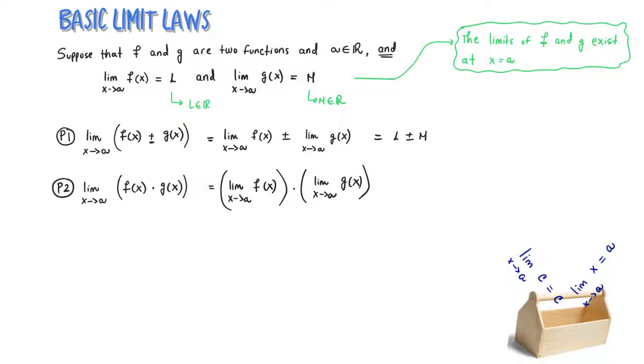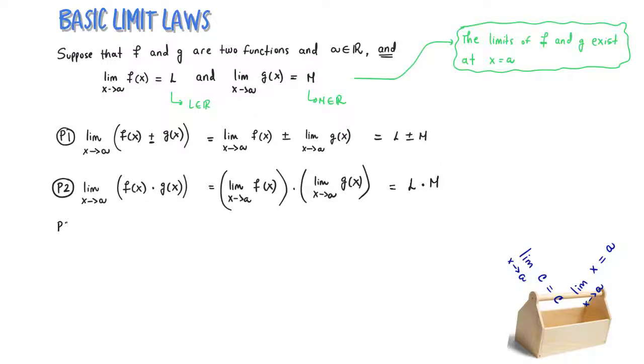And this is again possible because we know the limit of f of x and we know the limit of g of x at a. Those limits are going to be L for the first function, M for the other one, so L times M.